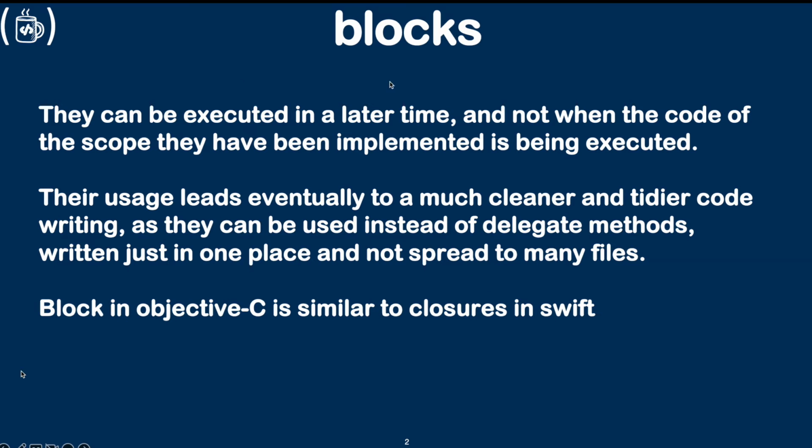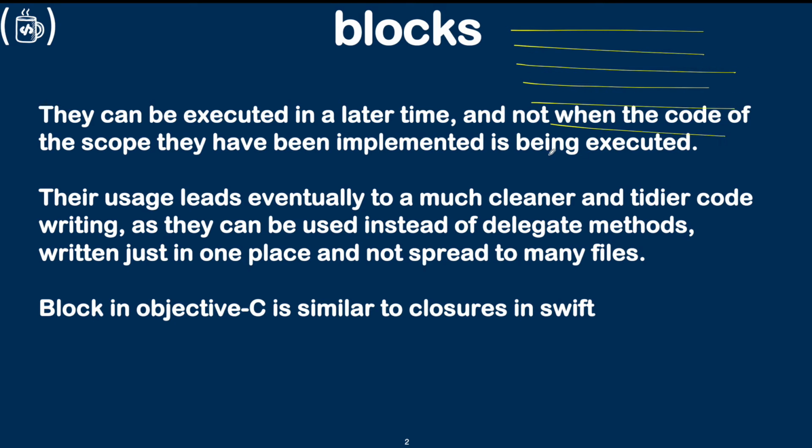So what are blocks? They can be executed at a later time and not when the scope of the code is executed. Hence the code says that your line number 1, line number 2, line number 3, line number 4, line number 5, these are the code lines.